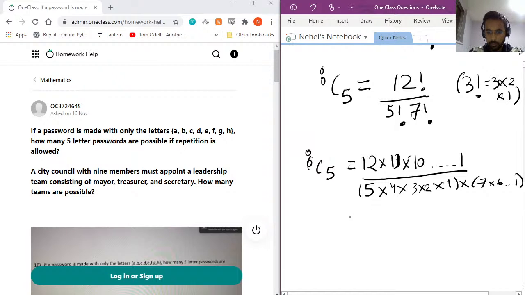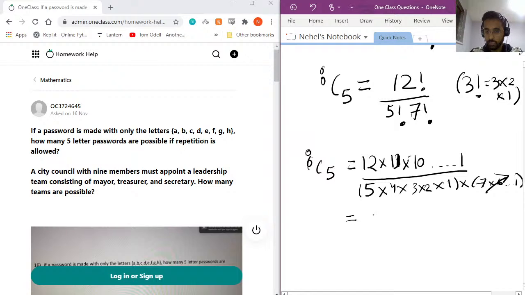Okay, so one quick trick which you can do is, if you notice, the 12 factorial will also have all the terms which are in the 7 factorial. So these two would cancel out. The one way of representing this right hand side would be if you cancel this out with all the numbers from 7 to 1 on the numerator end.